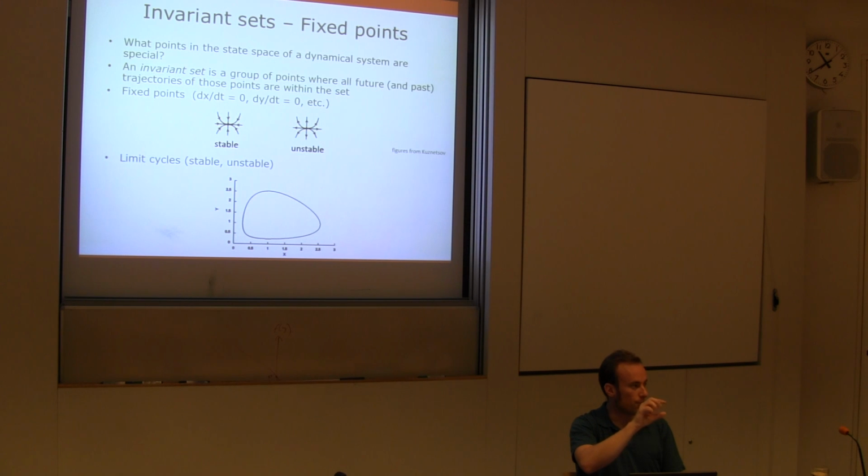So if you are at a stable fixed point and you perturb your position by a very small amount, but which is greater than 0, you will end up being attracted back towards that fixed point. Good question. So yeah, it's only a local concept that we're dealing with here.